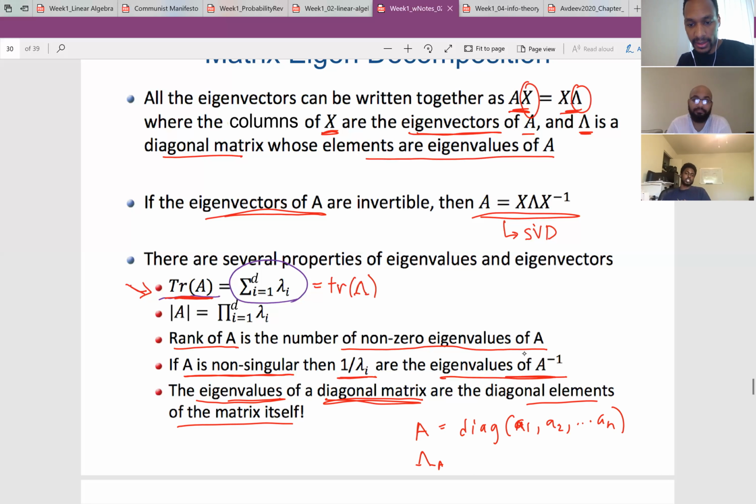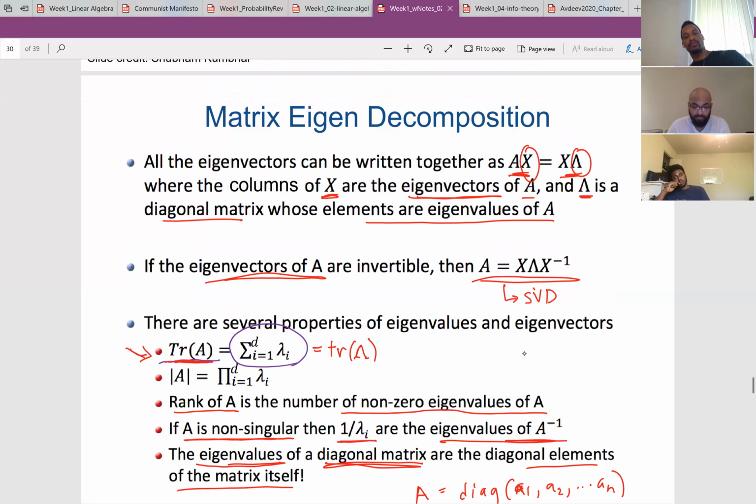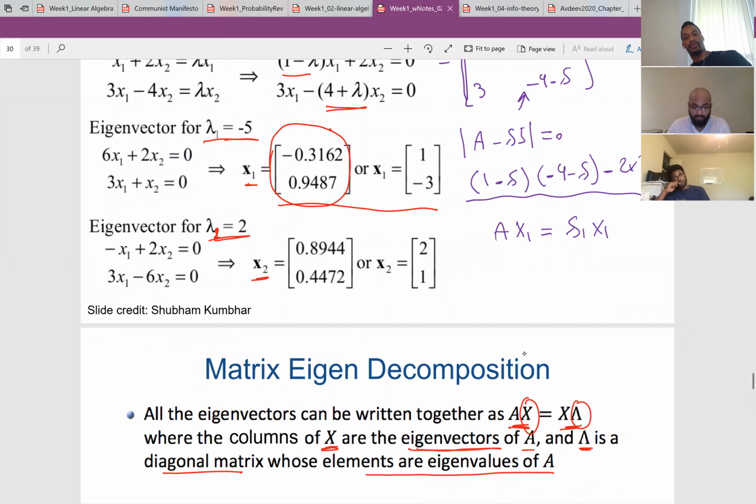Did we talk about why trace is useful? I don't think I remember. It's kind of a measure also of the length or magnitude of a matrix. So if you remember the Frobenius norm, let me just write it down here.